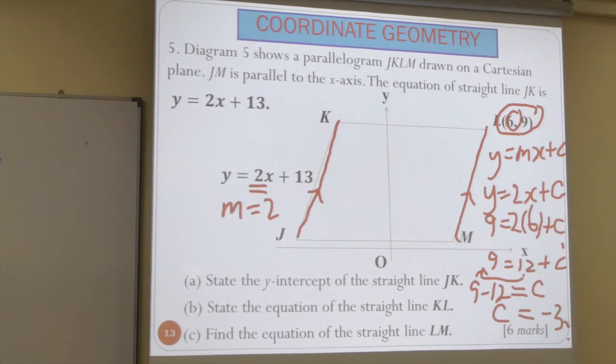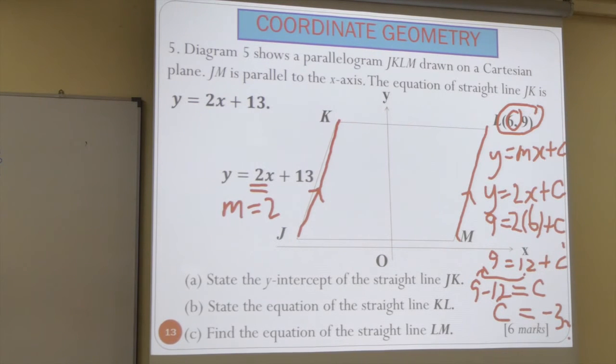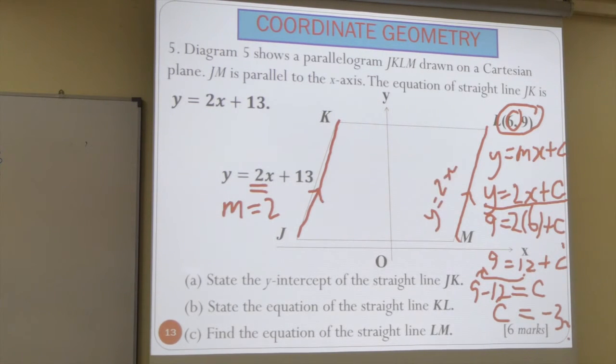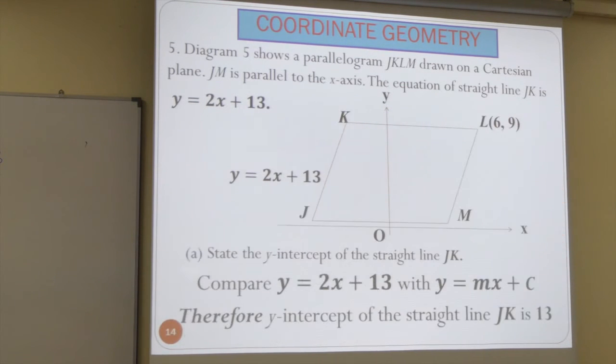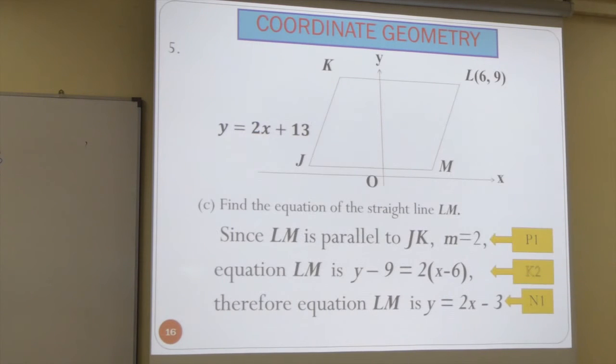Okay? That is your c. Now once you get your c, can you write your equation now? Of course. So c is negative 3, and y equals 2x plus c. So finally this line will be y equals 2x minus 3. Then you write the answer. And that is how you get it. Okay?